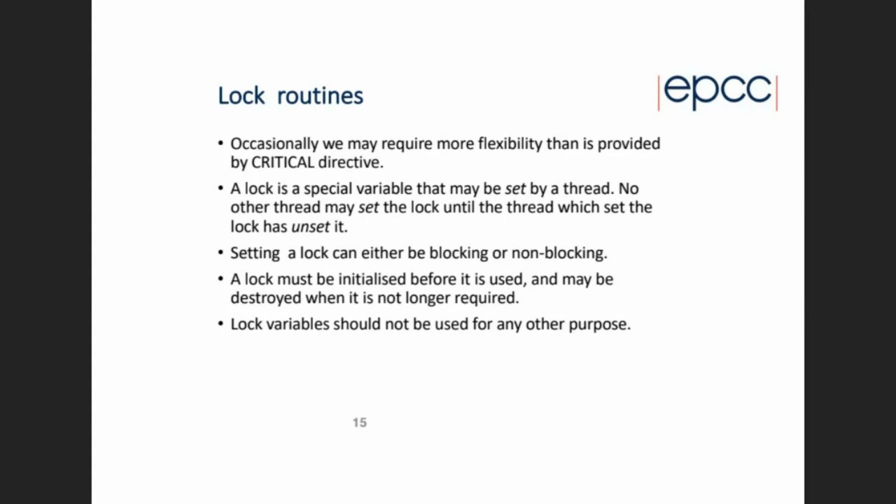Okay, so the last thing I'm going to talk about here is lock routines. So most of the time you can do what you want in terms of protecting shared variable updates with either critical or atomic will do the job. But sometimes we need a bit more flexibility than what's provided by critical.